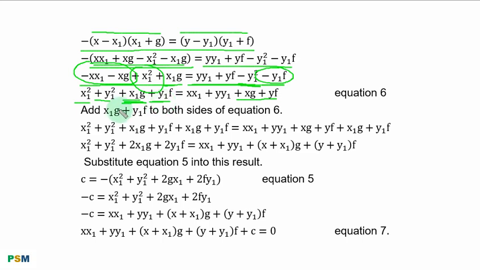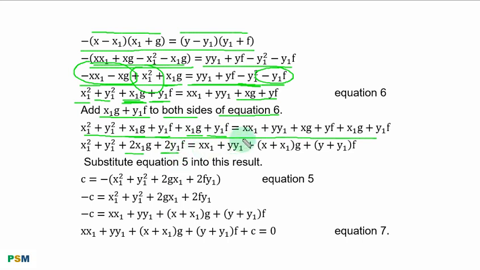To achieve that, you have to add s1g plus y1f to both sides of equation 6. When you do that, you have it in this form. You add this term and this term, you have two of them. You add this term and this term, you also have two of them.